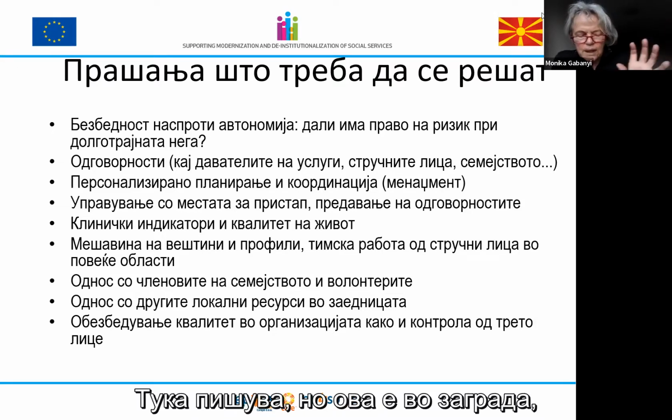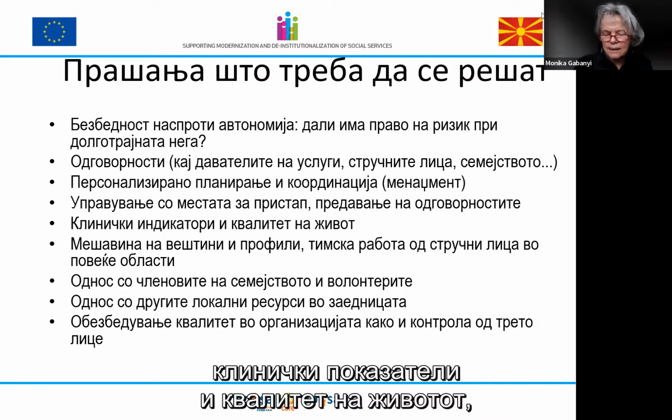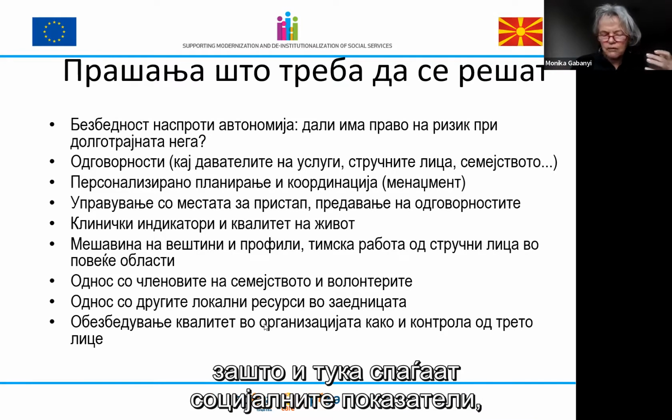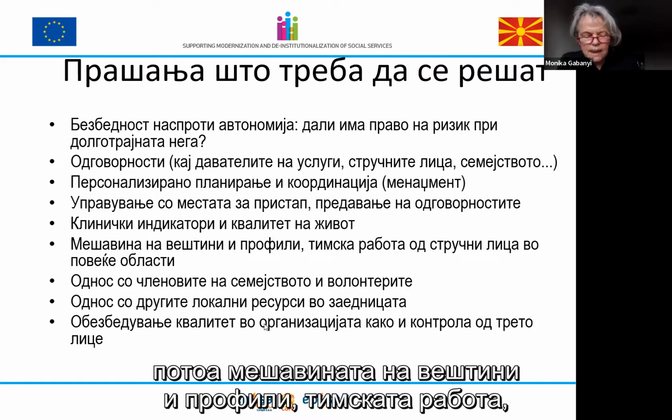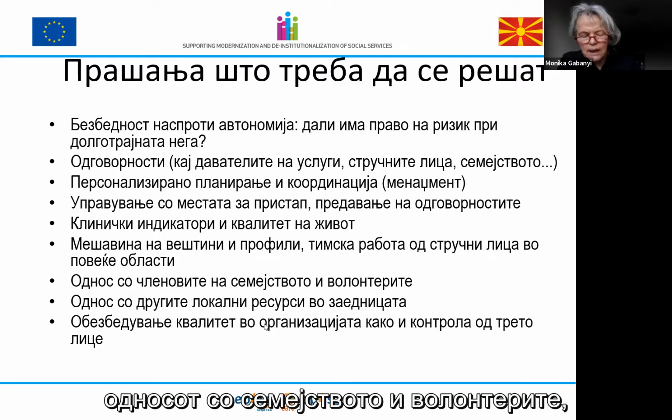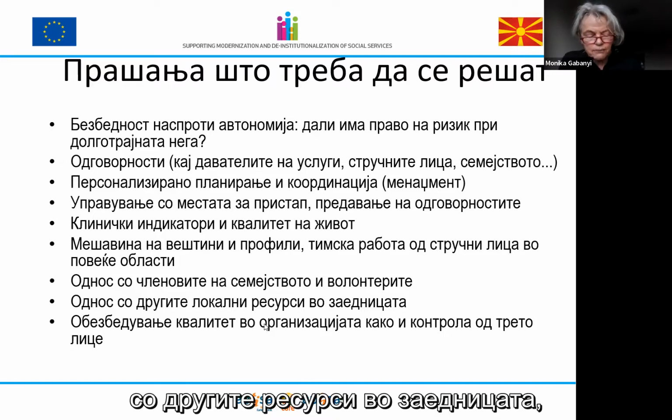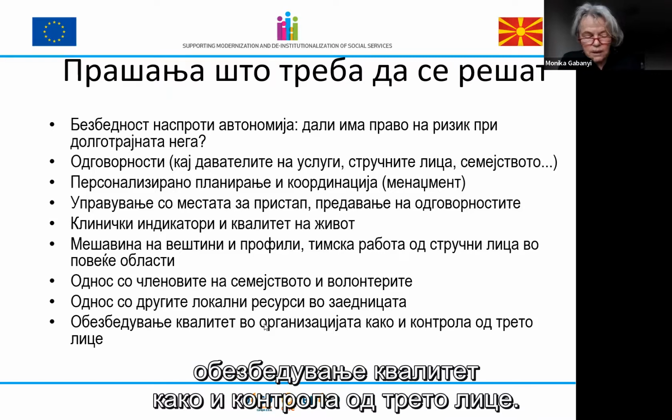Then also here it says, but I put this in brackets, clinical indicators and quality of life, because also here we can fix social indicators. Then the skills and grade mix, multi-professional teamwork, relationship with family members and volunteers, relationship with other local resources in the community, and quality assurance with the organization and by third party and audit.